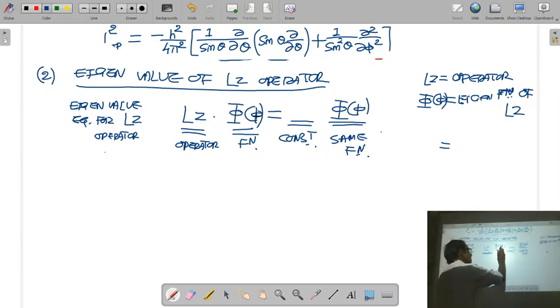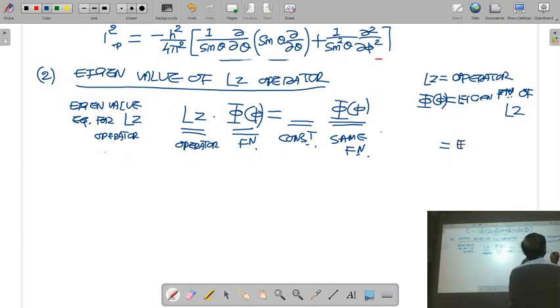It operates on the eigenfunction phi. We get the same function reproduced multiplied with this constant value. So we are going to calculate now the eigenvalue of Lz operator.